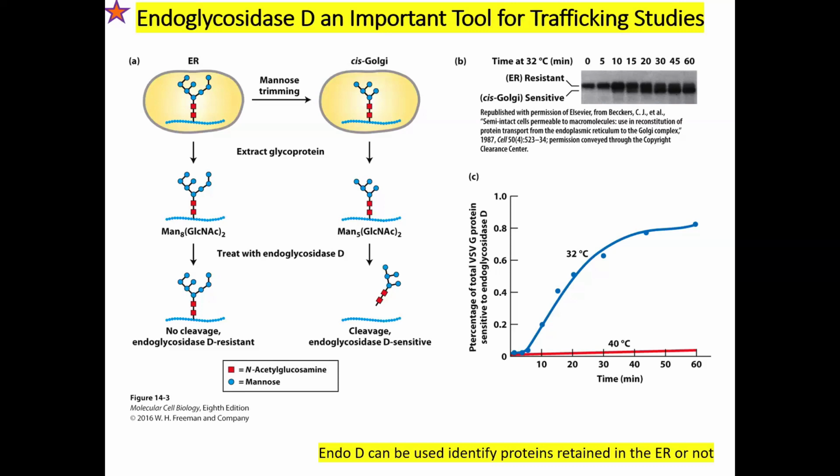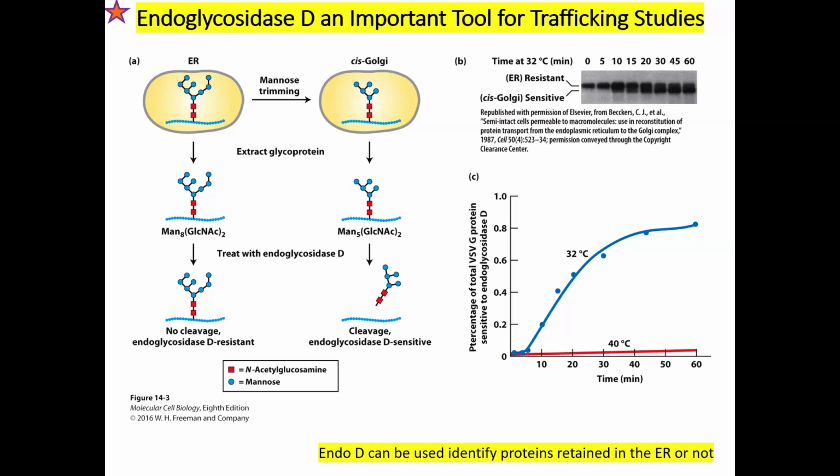Gradually the bottom band gets fatter and the top band gets thinner, because more and more protein is being transported from the ER to the Golgi. This tells you with endoglycosidase whether the protein is in the ER or the Golgi.